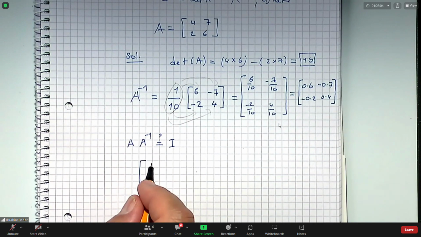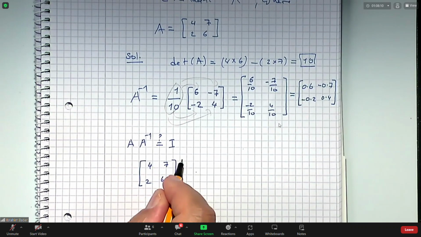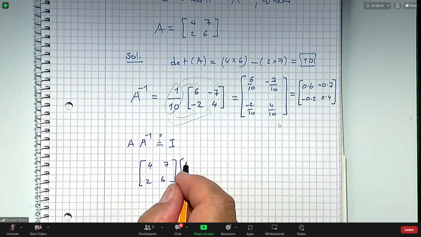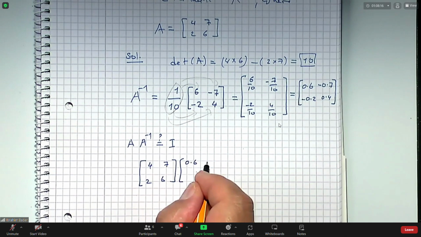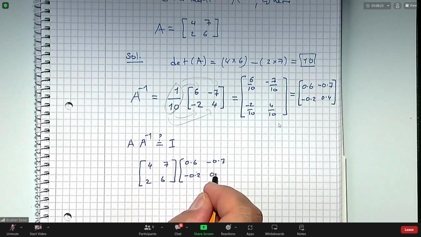So here 4, 7, 2, 6. I multiply this. Let me take the decimal here, it's easier to work with. So 0.6, -0.7, -0.2, and here 0.4.